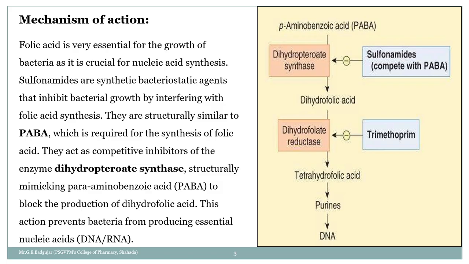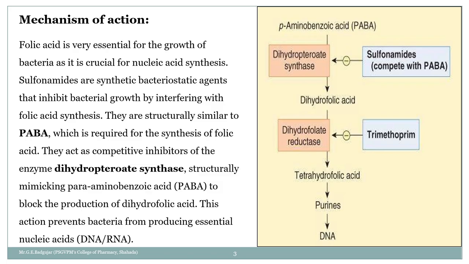Now, how do sulfonamides inhibit the synthesis of folic acid? Sulfonamides are structurally similar to para-aminobenzoic acid or PABA, which is the starting material for the synthesis of folic acid. Since they are structurally similar to para-aminobenzoic acid, the synthesis of folic acid is inhibited.